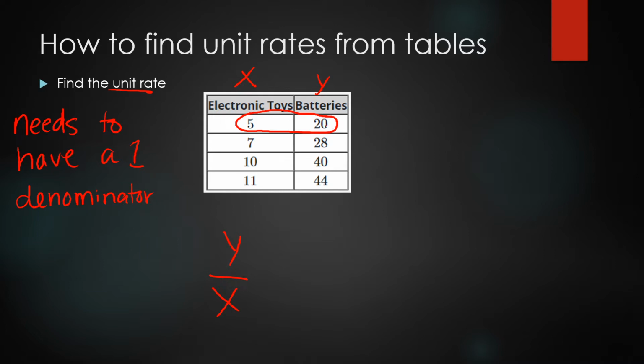20 is my y value, so I'm going to take this 20 and replace it right here where this y is. 5 is my x value, so I'm going to take this x and replace it with 5. Now this is not my unit rate, and it's not a unit rate because it has a 5 in the denominator, not a 1.